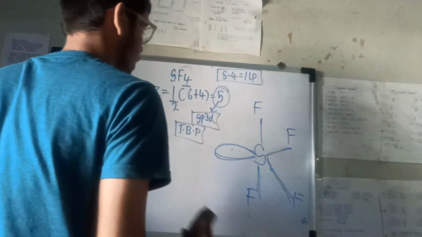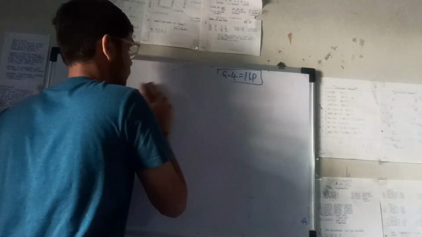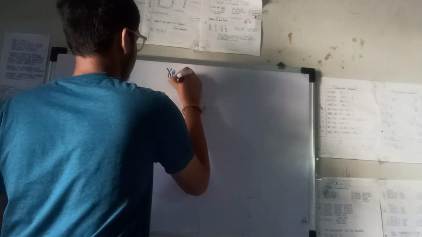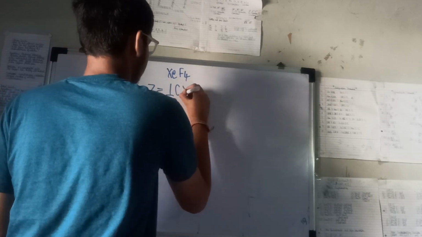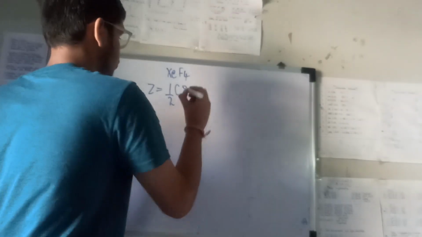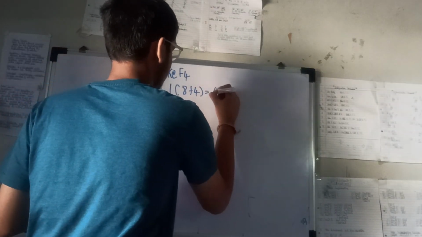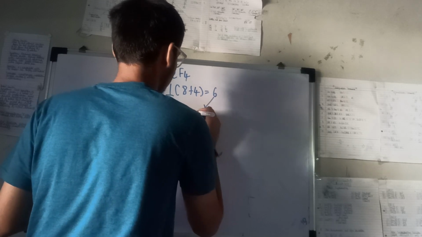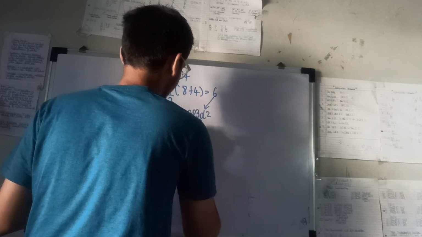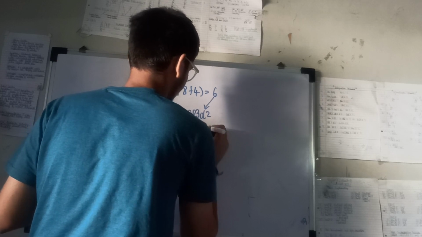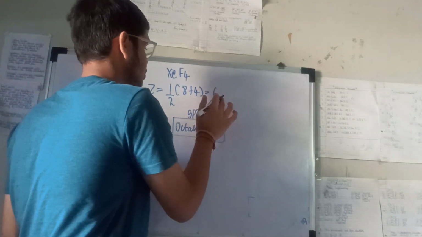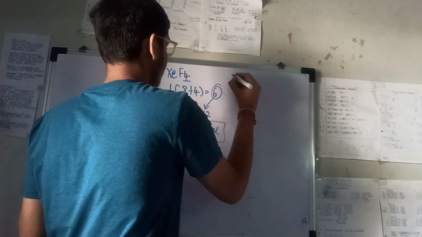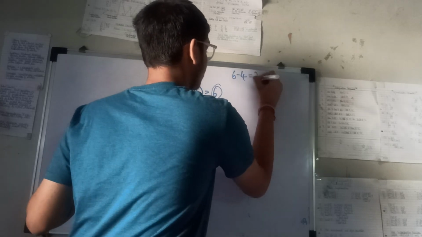Now let's take another example. XeF4, calculate the Z. Half, plus valence 8, no charge, plus 4 monovalent, 12 by 2, 6. Z is 6, sp3d2, octahedral will be the geometry that I can directly conclude. But geometry is not equal to shape, because 6 I want but only 4 are being shared, 6 minus 4, 2 lone pairs I can say.